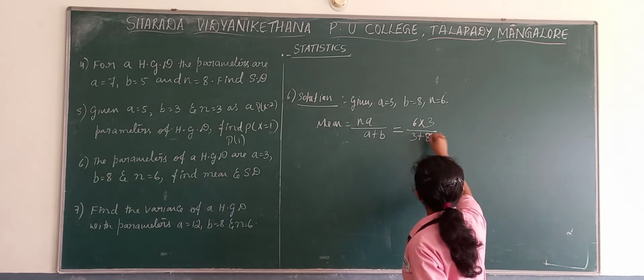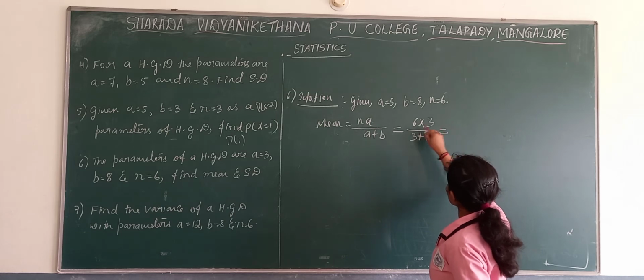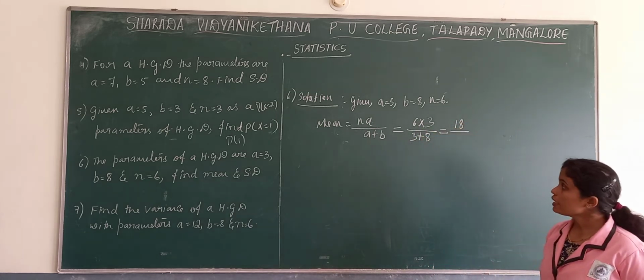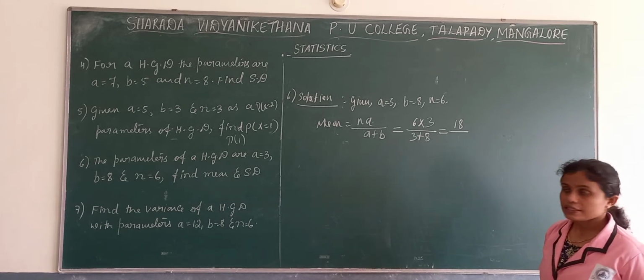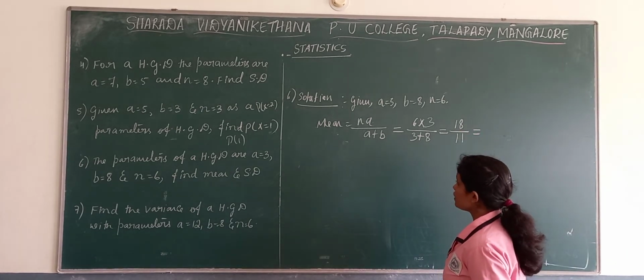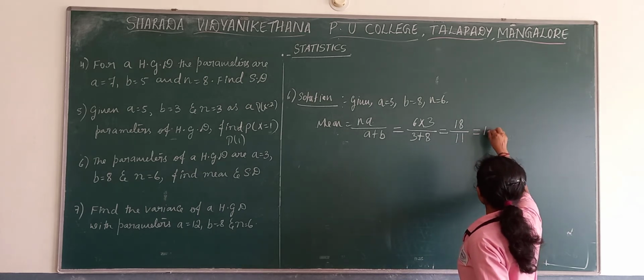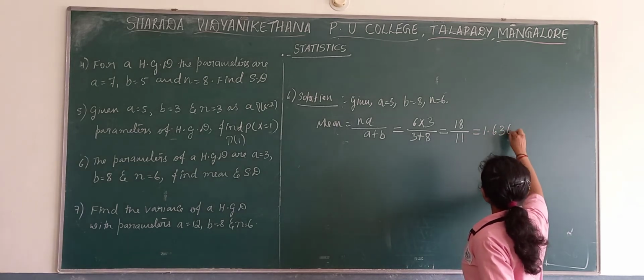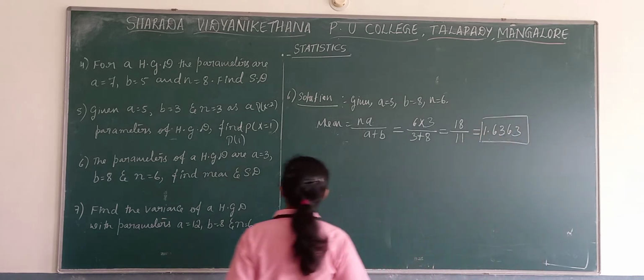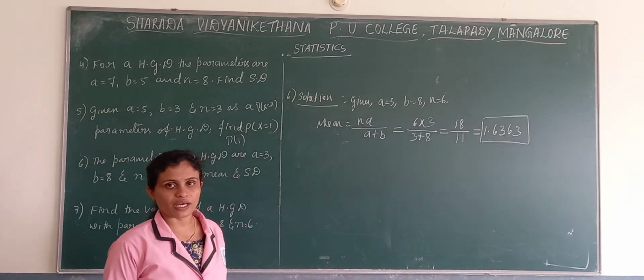B is 8. So 6 into 3 is 18, by 8 plus 3, 11. So 18 by 11, there we get 1.6363 as a mean value.